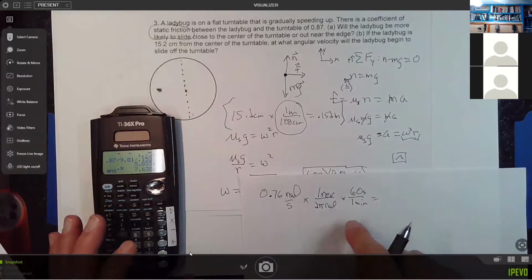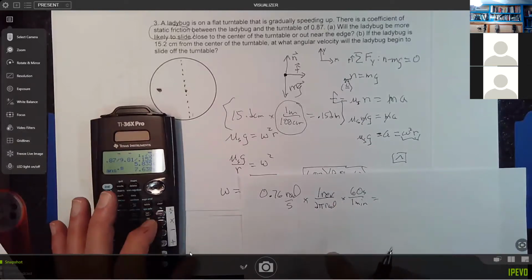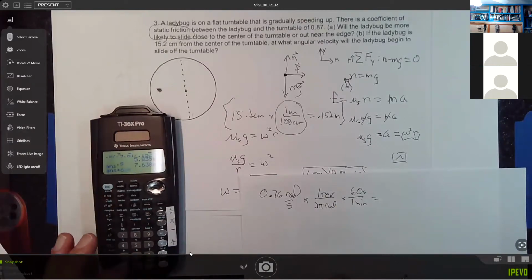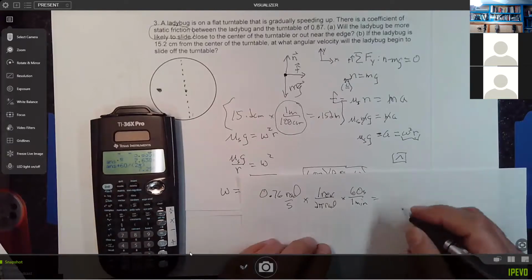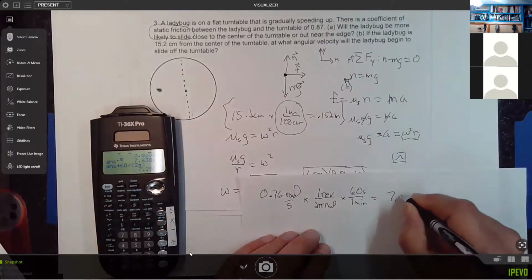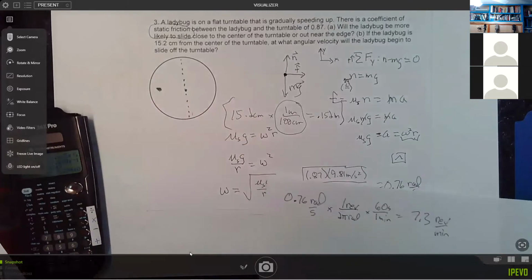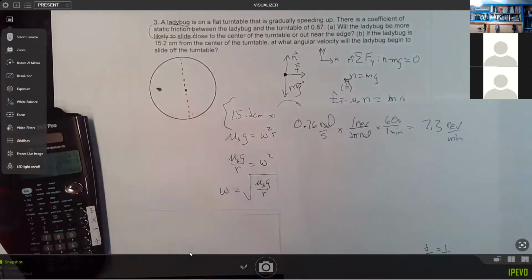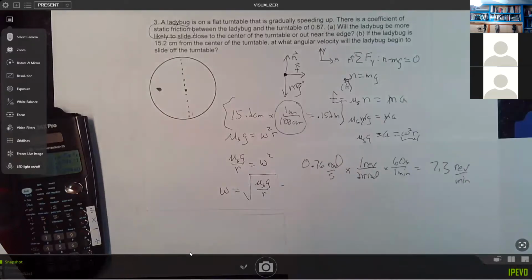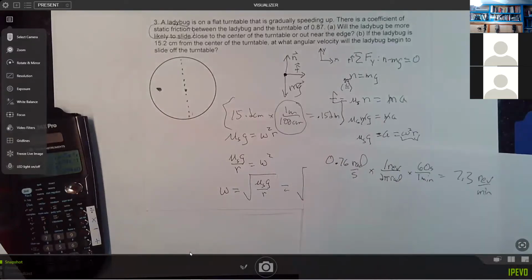Let's see, times 60 divided by 2 pi, I think. And I'm wrapping the denominator in parentheses. And I only get about 7.3 revolutions per minute, which isn't very fast. So this wasn't an old record turntable that turned at 33 1/3 revolutions per minute. The bug wouldn't be able to stay on that.